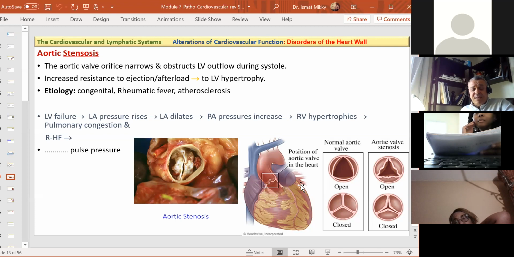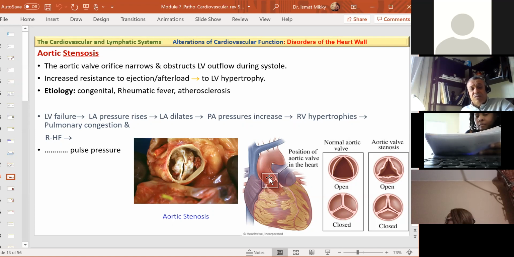The symptoms begin when the cardiac output is affected. Remember that the decreased amount of blood ejected from the left ventricle through the small aortic valve orifice results in decreased cardiac output. So the symptoms begin when the cardiac output becomes unable to increase to meet the body's requirements during exertion.